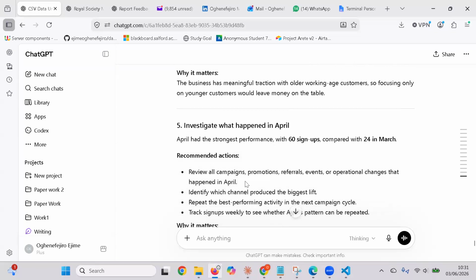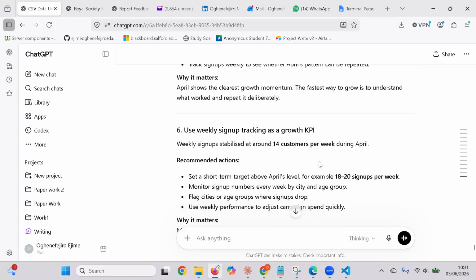Investigate what happened in April, because April is the most sign-up month. So that needs to be investigated compared to March. Use weekly sign-up tracking as a growth KPI, tracking customers per month, especially April.